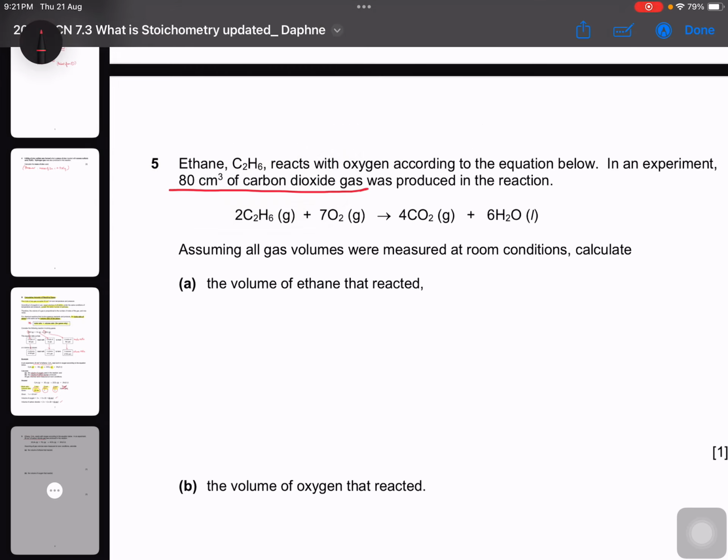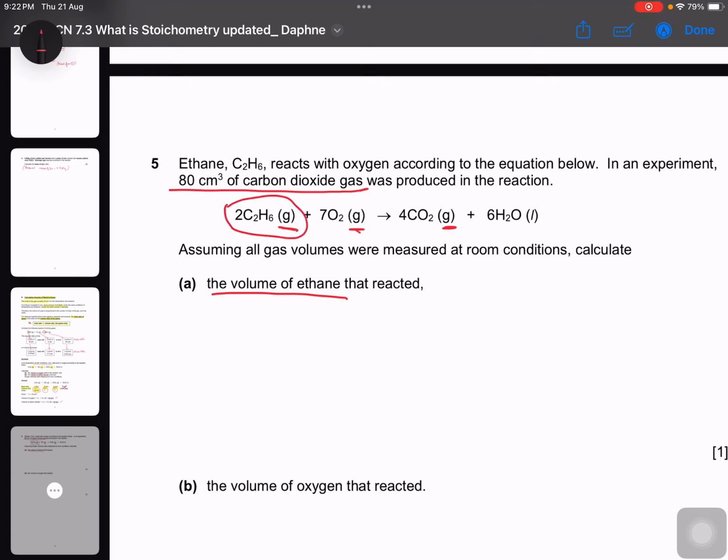That's what we're given. And of course, they are all gases. Water is a liquid, so you cannot calculate for water. What are we asked to find? The volume of ethane. Which one is ethane? Ethane is the C2H6. This is our unknown.